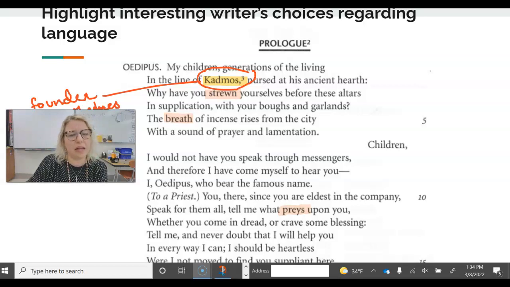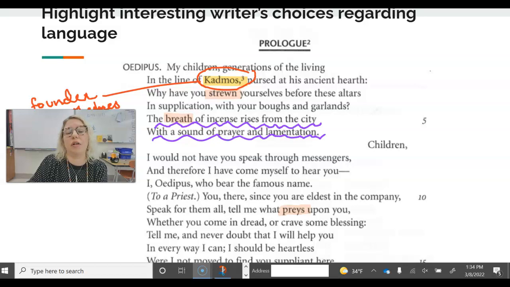Then if I were to look at imagery in the poem, that might bring us some more meaning. And let's see, what do we have for imagery? Breath of incense rises from the city, and sound of prayer and lamentation.